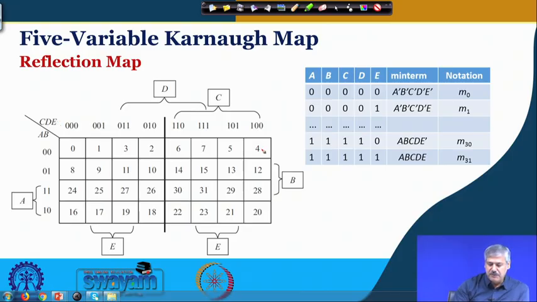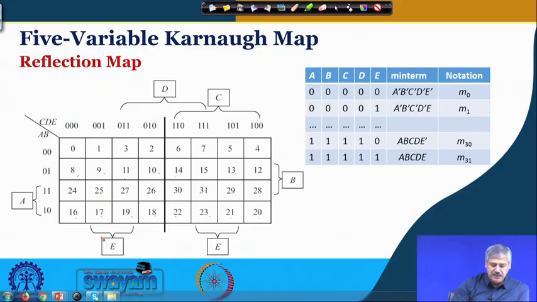Then this is 4 5 6 7, then 8 9 10 11, then 12 13 14 15, then there is a jump because there is a 1 0. So, 16 17 18 19, and this is 20 21 22 23. Is it fine? Okay. This is the way the 32 minterms will be represented here.